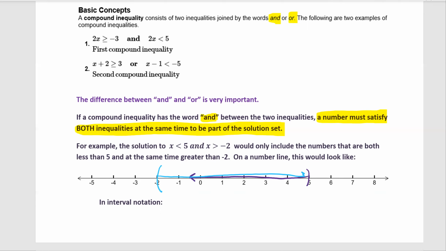So what you are looking for with the word and is an overlap. So our answer for our interval would be -2 to 5. When you have the compound inequality or, you are looking for all possible answers.